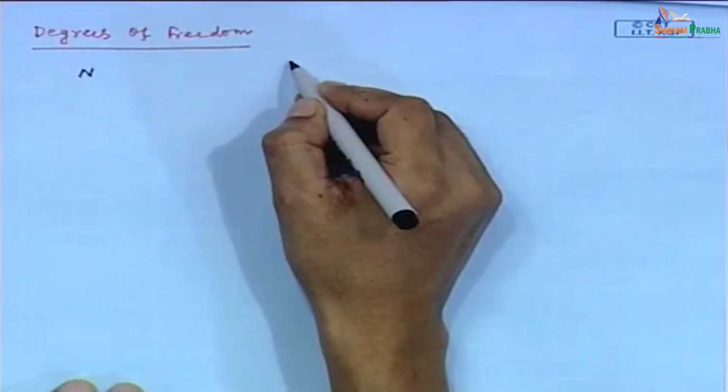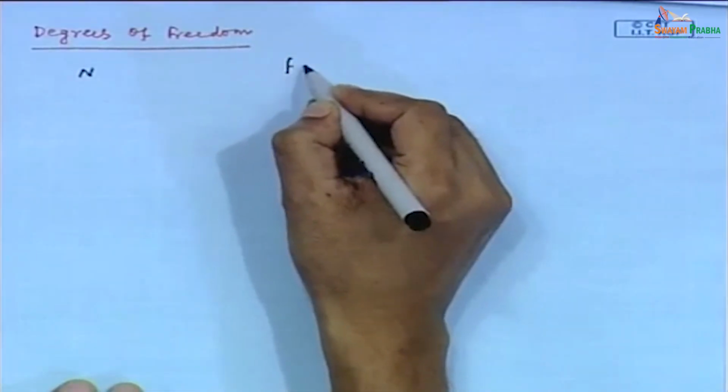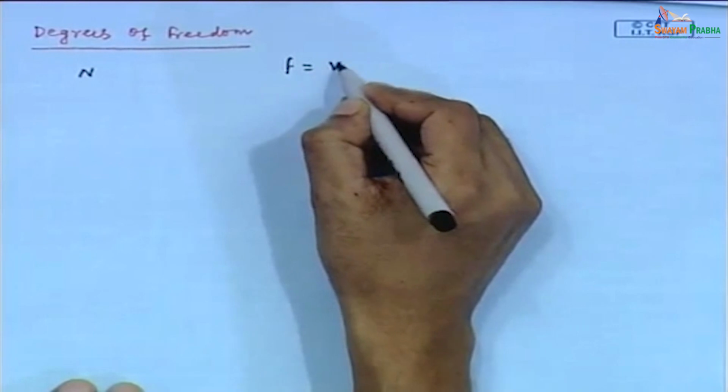We will use this notation in the degrees of freedom analysis. You can recall the degrees of freedom represented by F, which is correlated with V and E by this form.